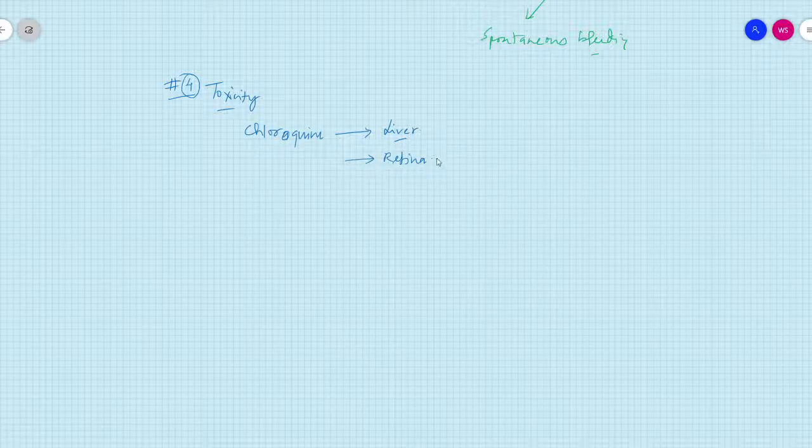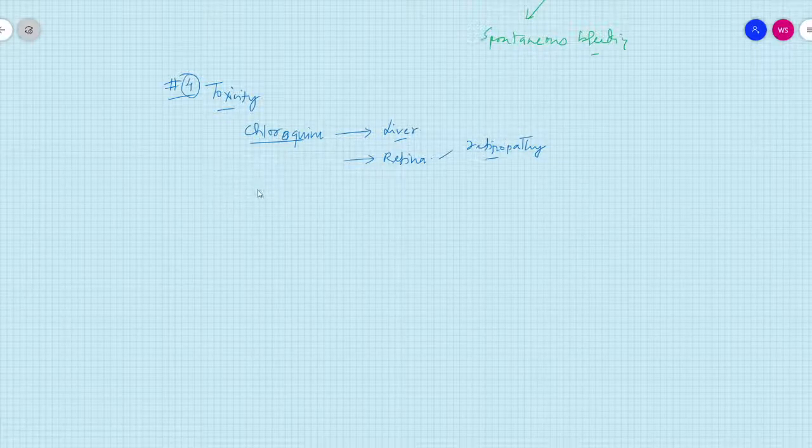Therefore, what's the side effect that is seen? Yes, retinopathy, because it is transported to the retina.